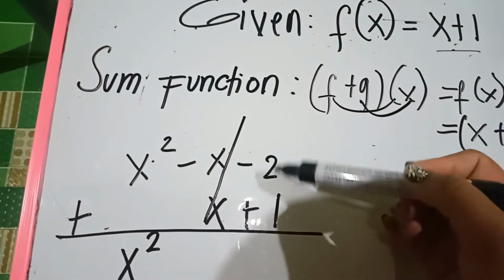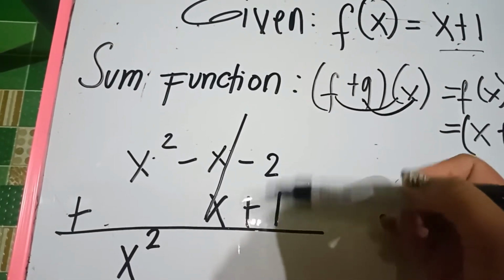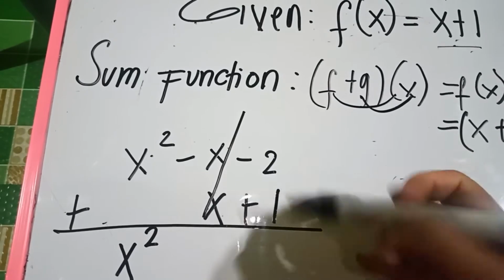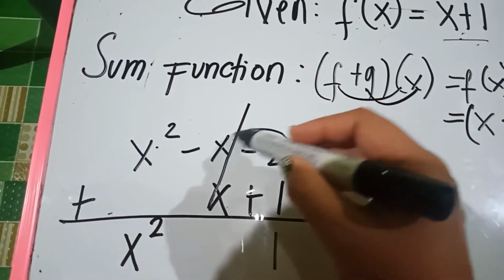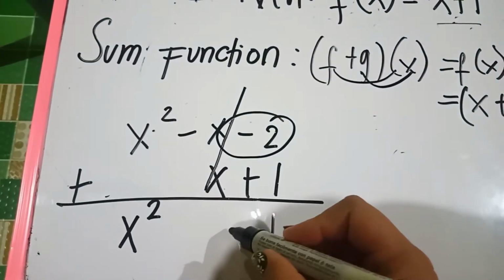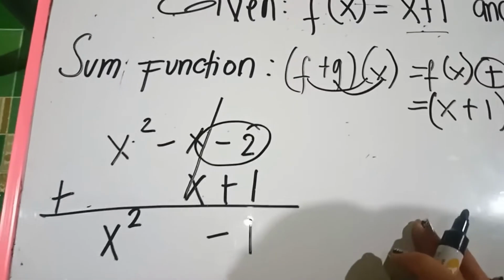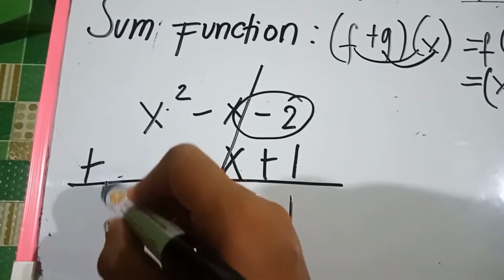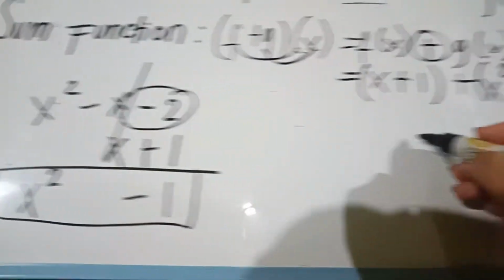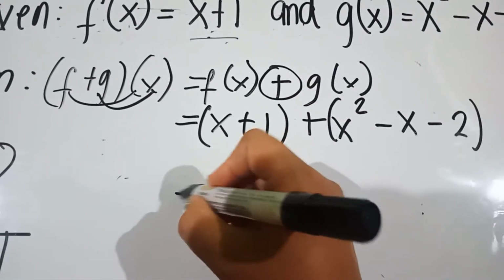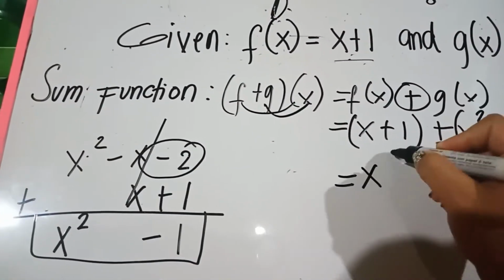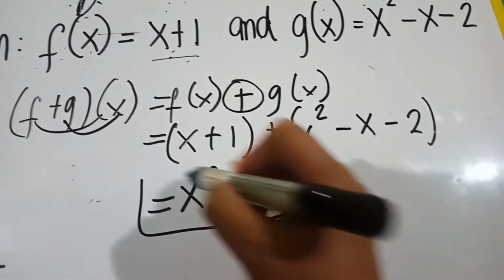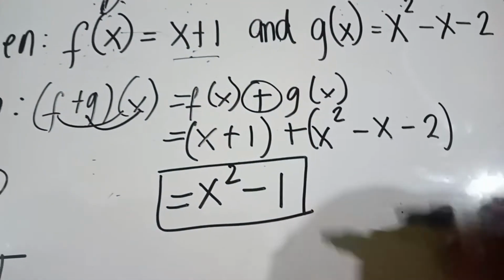So, again, unlike signs, so proceed to subtraction. 2 minus 1, that is equal to 1. Ang mas malaking number is 2, and the sign of 2 is negative, kaya magiging negative 1. So, therefore, our final answer is this one. Transfer natin dito, x squared minus 1. So, this is now the final answer.